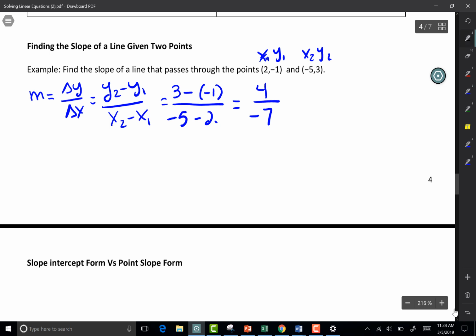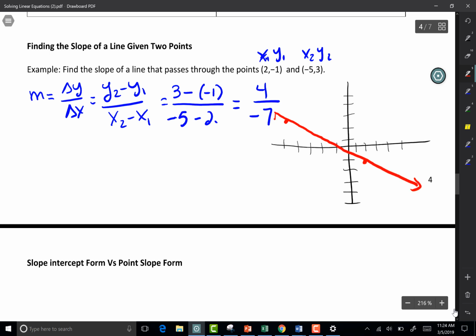Okay, let's take a look at the picture. Okay, if I were to plot the point (2, -1), that would be right here. And then if I were to plot the point (-5, 3), 1, 2, 3, 4, 5, up 3, that would be right here. And then if I were to draw the line that passes between those 2 points, this is what it's going to look like.